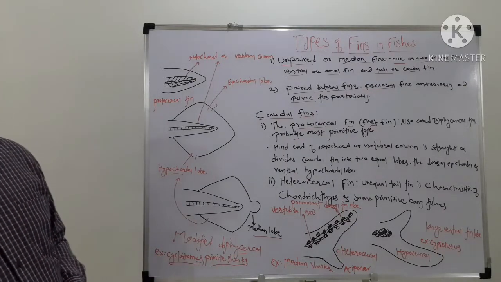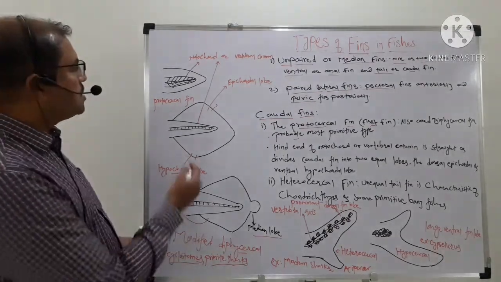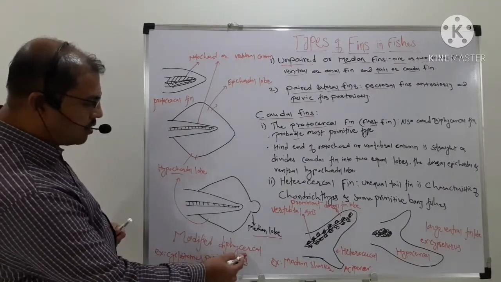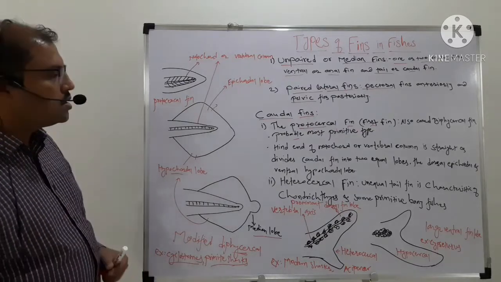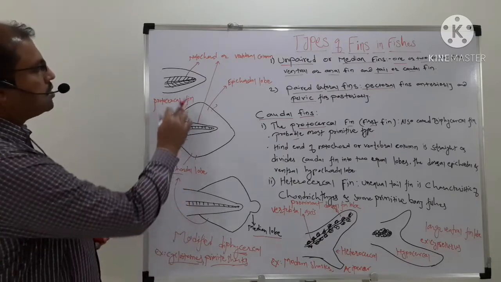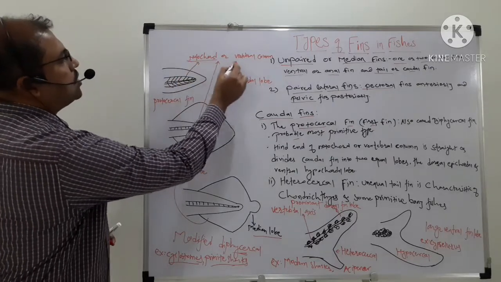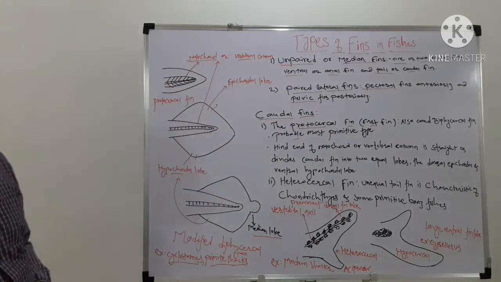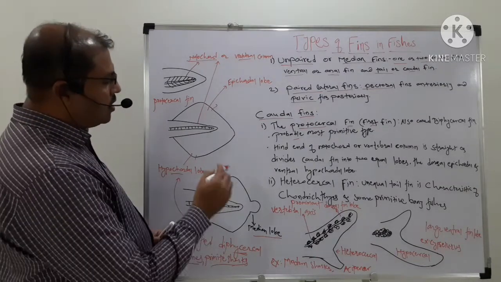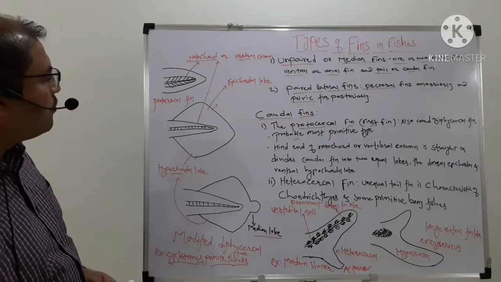Dipnoi, the group of lungfishes, has this kind of caudal fin, which is also called diphycercal fin. This caudal fin has an elongated, straight structure, and centrally it has the notochord or vertebral column, which supports the caudal fin.